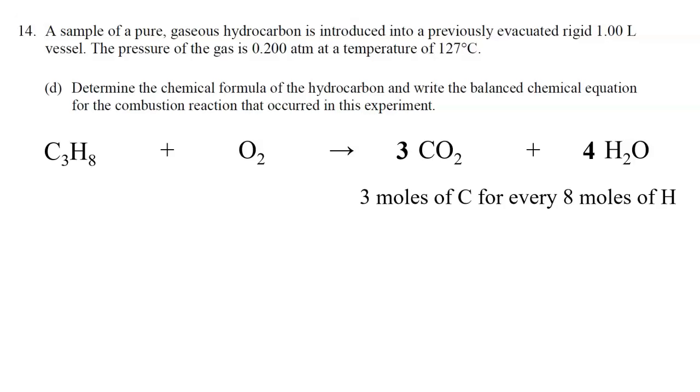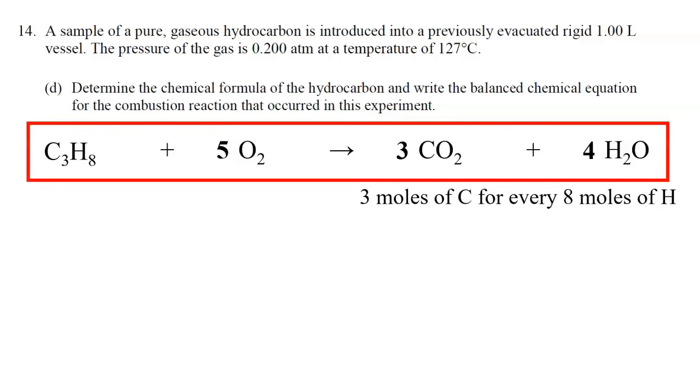And now all we have to do is balance this combustion equation. So there's 3 carbons on both sides of the equation. There's 8 hydrogens on both sides of the equation. But I can see a total of 3 times 2, which is 6, plus 4. That would be 10 oxygen atoms on the right side of the equation. And if there's 10 atoms of oxygen on the right side of the equation, I could just put a 5 in front of the O2 on the left.